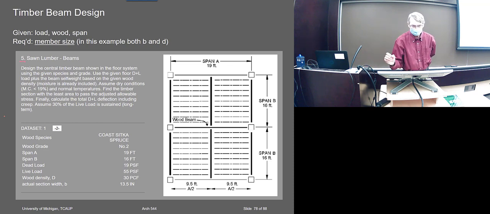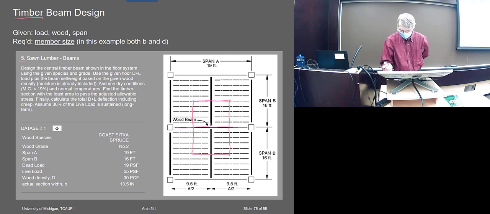And this is timber size. This is going to be a little bit heavier member here. It has a point load in the center. It's got a tributary area for that point load of this.